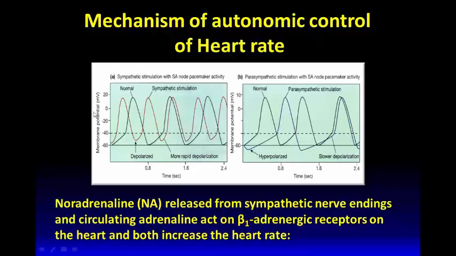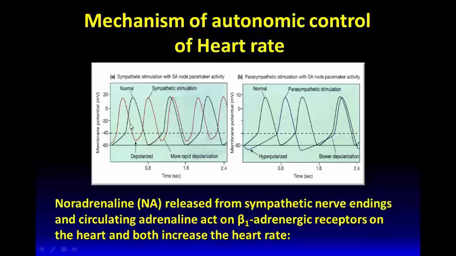This is a summary of how sympathetic stimulation increases the heart rate. So this is the pacemaker potential, and this is the threshold level at which the sinoatrial node fires an action potential. So this is the normal heart rate with normal sympathetic stimulation, the one in black color.